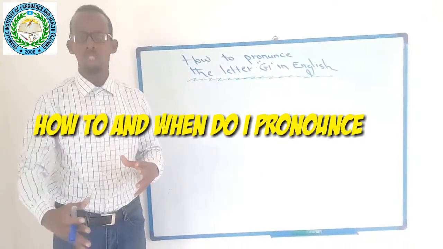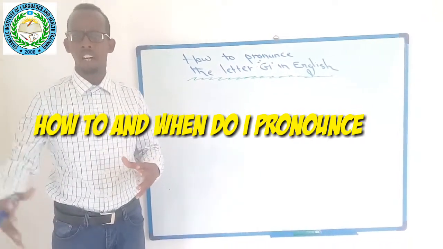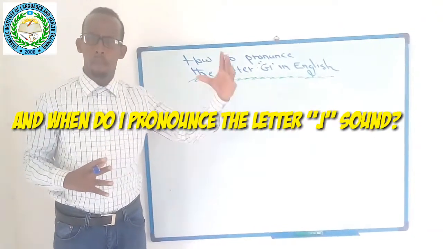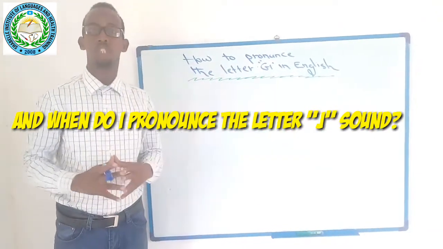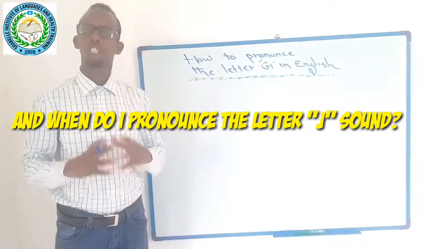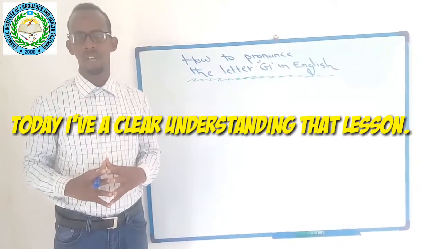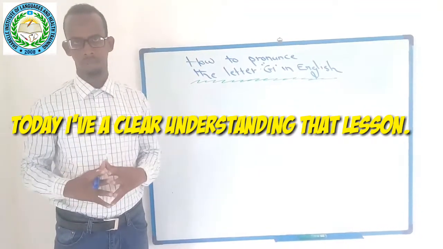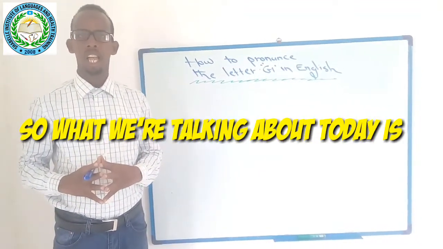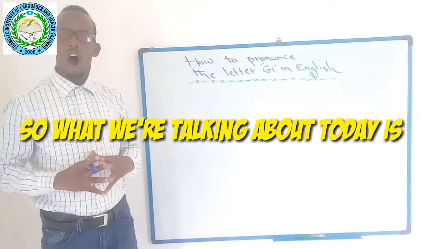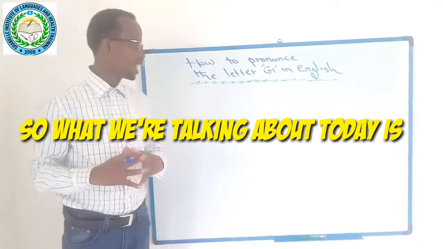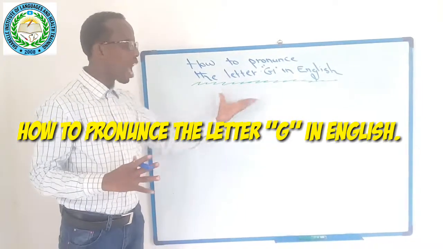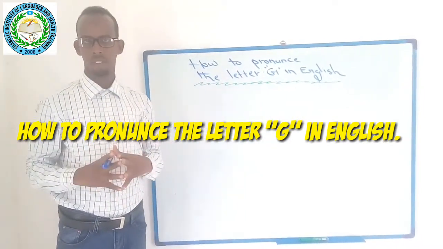When do I pronounce the letter G with a G sound and when with a J sound? Today I have a clear lesson for understanding that. So, what we are talking about today is how to pronounce the letter G in English.